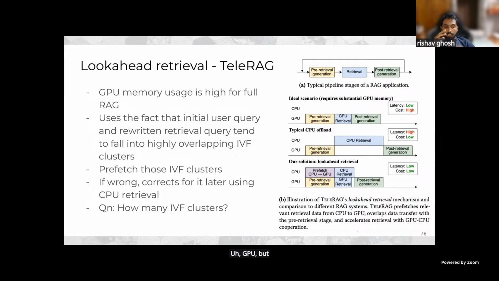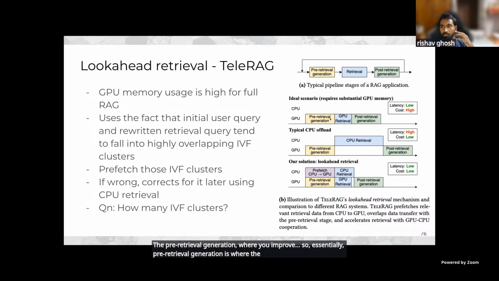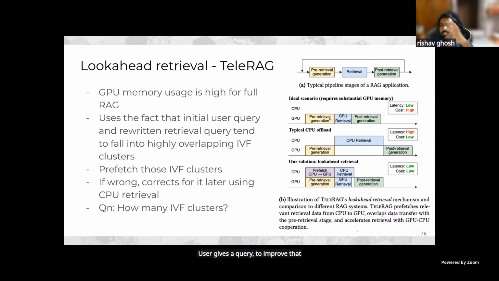But since the data is constantly increasing, it is important that we find ways to leverage the CPU. As you see, the ideal scenario is where the CPU is not used and the GPU is used directly for the pre-retrieval generation, where you improve. Essentially, pre-retrieval generation is where the user gives a query, you improve that query, and then use the normal vector DBs and embeddings, whatever you have, to get the documents and then get the answer from the LLM.